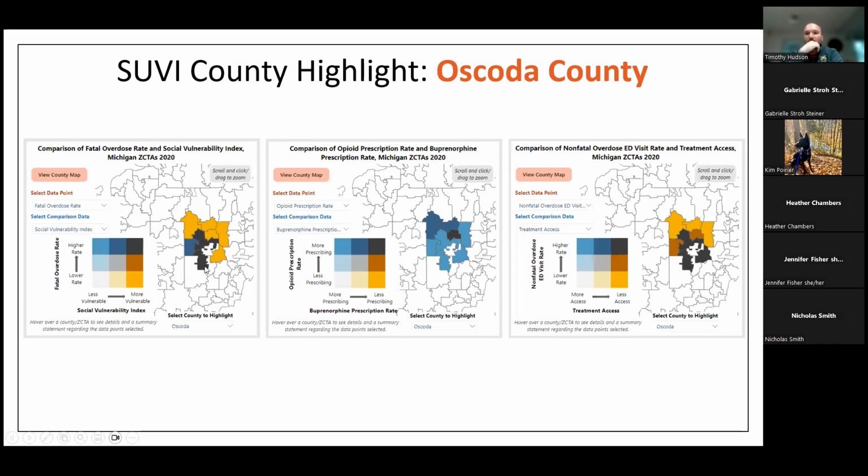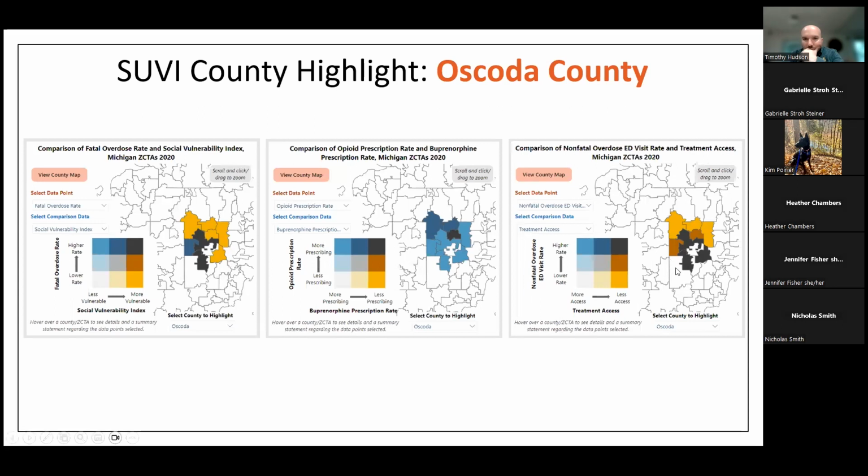That suggests that residents of that area are highly socially vulnerable and that more fatal overdoses are happening there. The middle graph is looking at the opioid prescribing rate compared to the buprenorphine prescription rate. We see this zip code in the middle is lighting up black. So they have a pretty high opioid prescribing rate, but a pretty low buprenorphine prescribing rate.